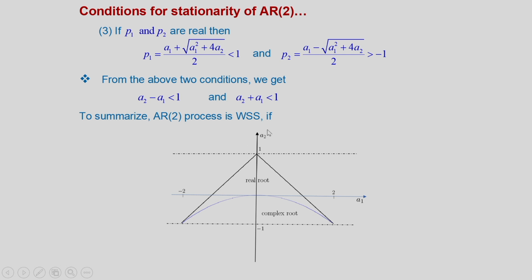And in other words, the AR2 process is WSS if A1 and A2 lie within this triangular region, then roots will be stationary. And if it lies inside this parabola, then the roots will be complex, and outside this parabola roots will be real.